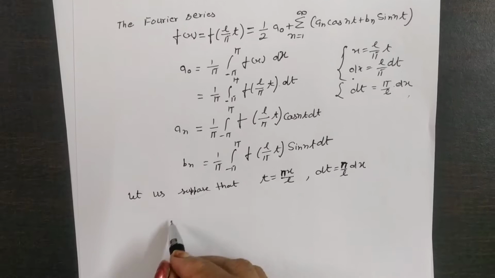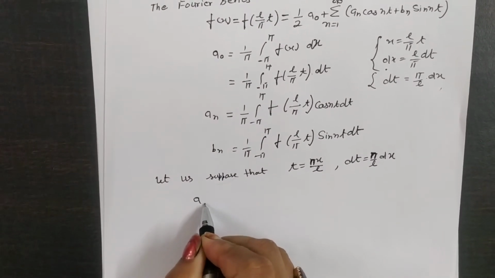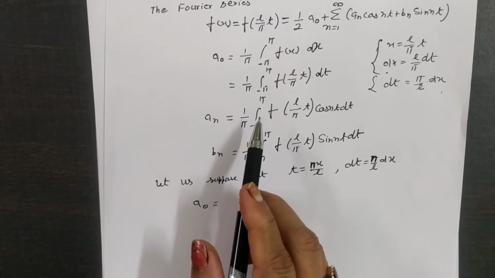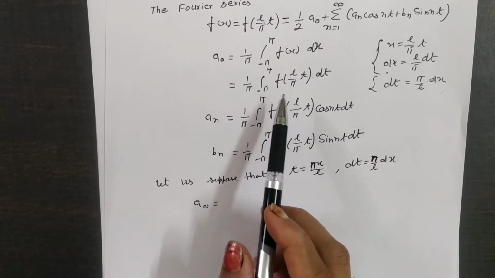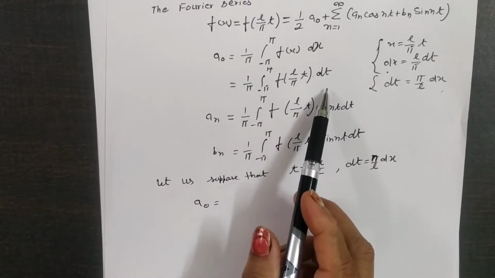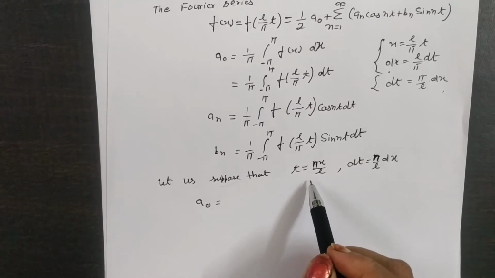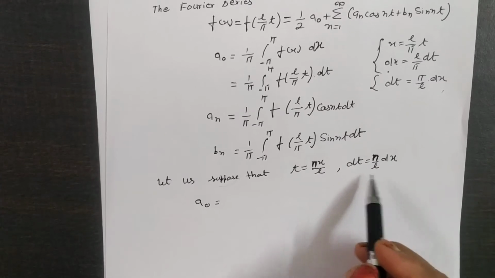So you can obtain now a0, substituting in t the limits, so you get dx, and dx is equal to L by pi dt.